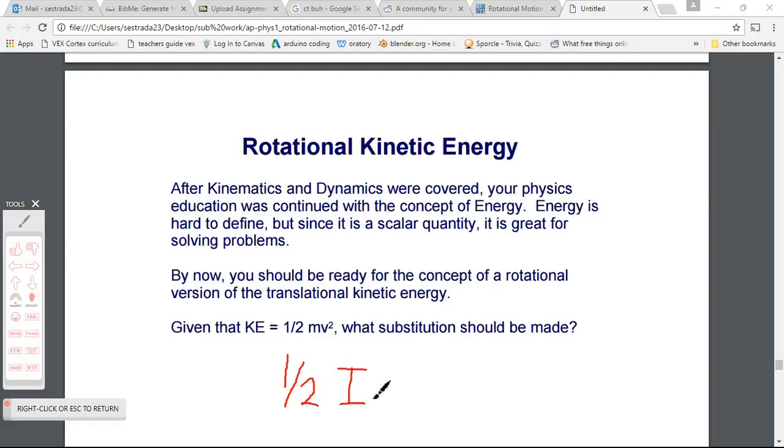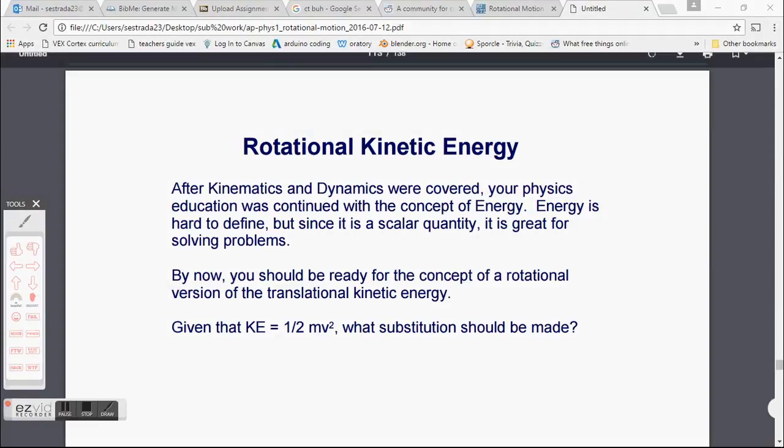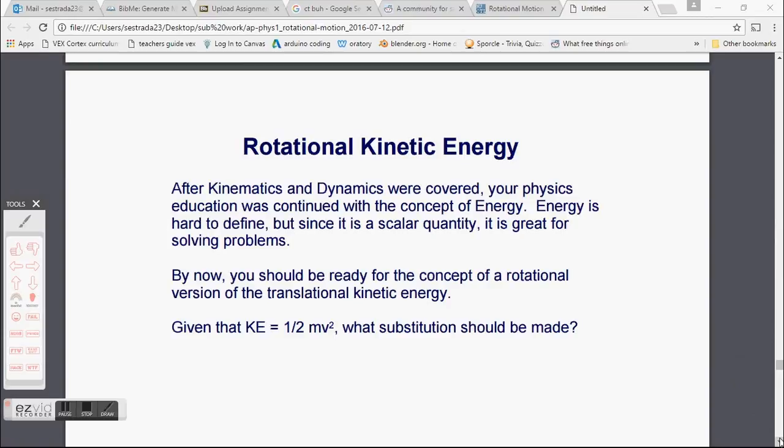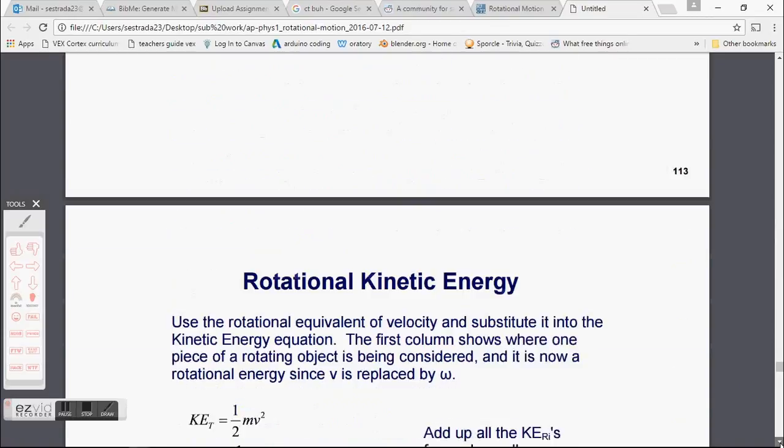And then for velocity, we're going to have angular velocity, which is going to be omega squared. So it's the same formula, we just use the appropriate rotational substitutions.